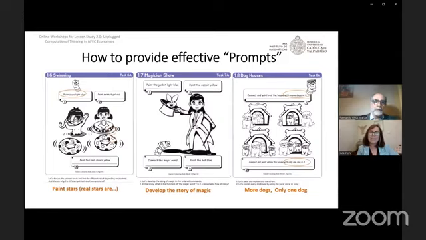So the book provides the teacher ideas to give the student the opportunity to get ideas to provide effective prompts. For instance, at the left side, we have the instruction, paint star light blue.